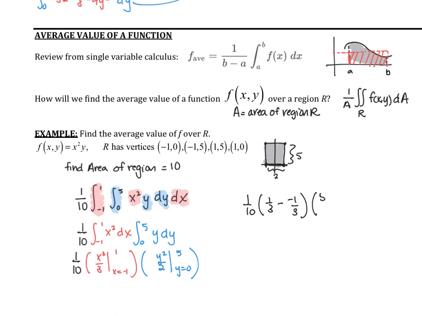And 5, when we plug that in, 25 over 2 minus 0. And so then we would get 1/10 of 2/3 of 25 over 2. And so multiplying these, we get 25 over 30, or 5/6. So we know the average value of f over the region R would be 5/6.